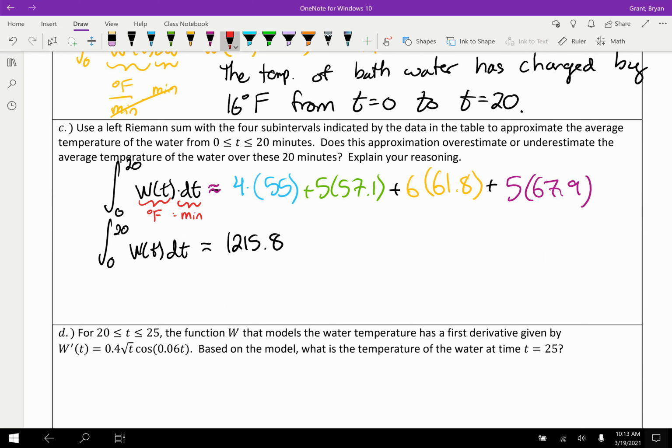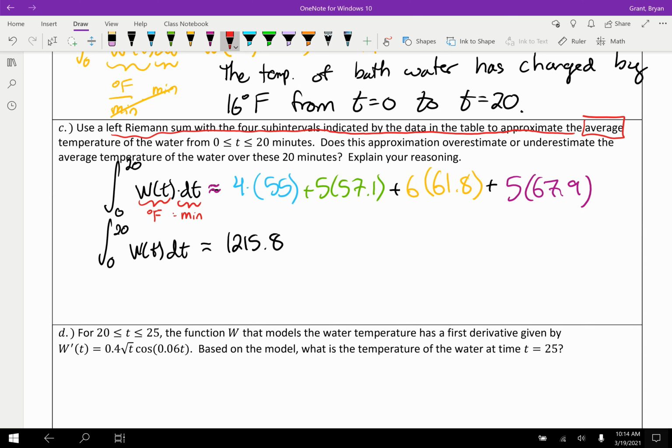If you get nonsensical units, you made a mistake, and we need to do a closer read of the problem to understand where we went wrong. Use a left Riemann sum with 4 subintervals, did that, indicated by the data, did that, to approximate the average temperature. Average temperature means my final units need to be degrees Fahrenheit, not degree Fahrenheit minutes.